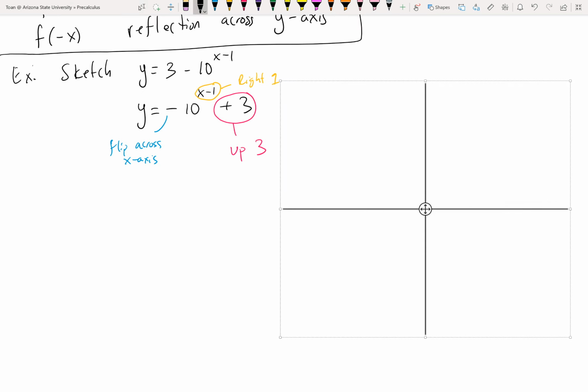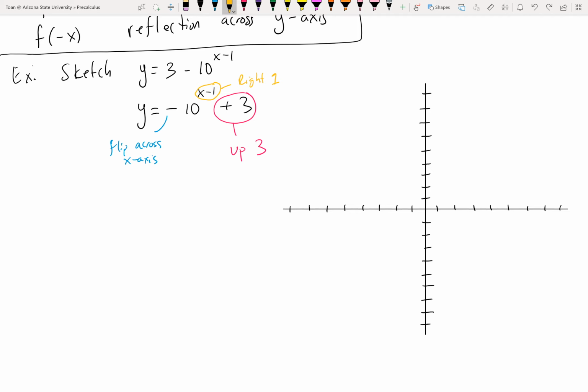So let's go ahead and do this. The first thing I would do, let's make some tick marks here. Move your special point. Remember, our special point will always start at (0, 1).